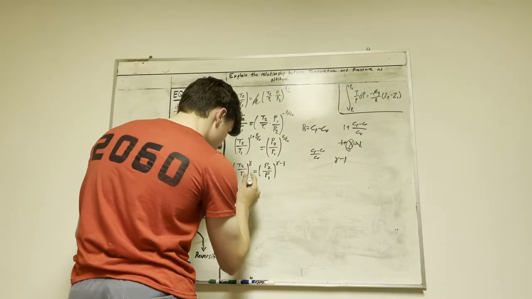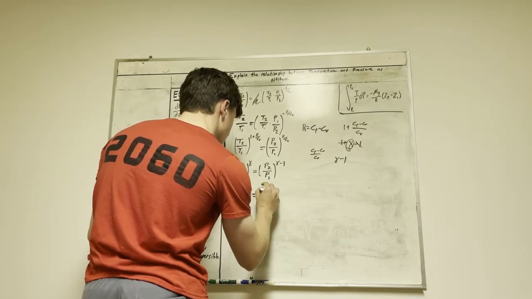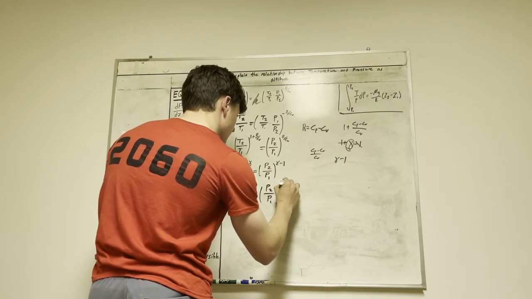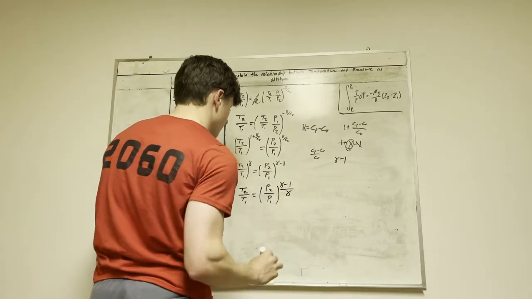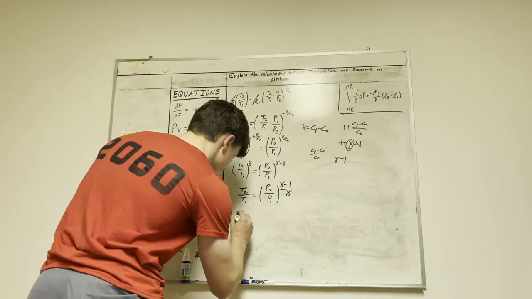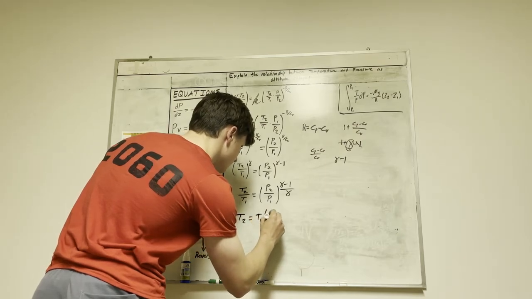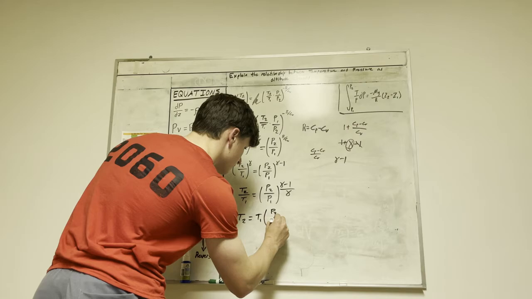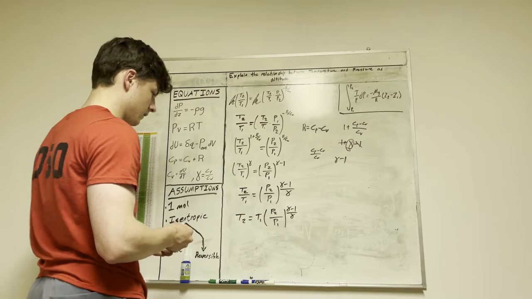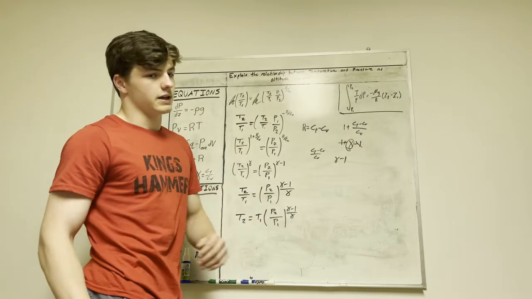And with that, we will get T2 over T1 equals P2 over P1 to the gamma minus 1 over gamma. And then with that, we then move T1 to the other side. And now that we have this term for temperature equals this, we can plug that in and continue on.